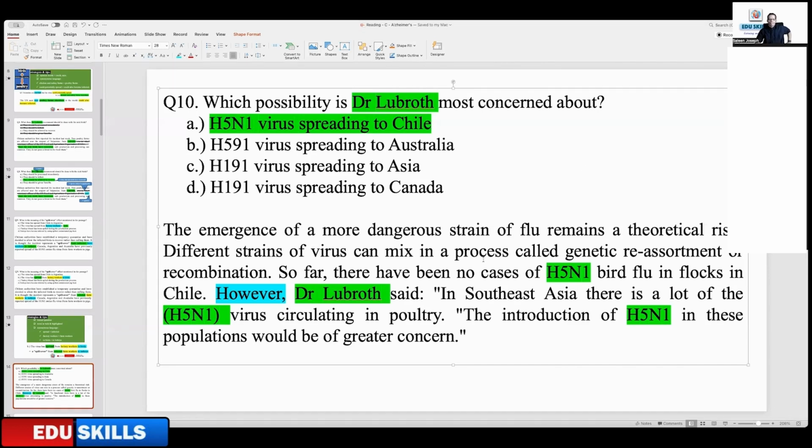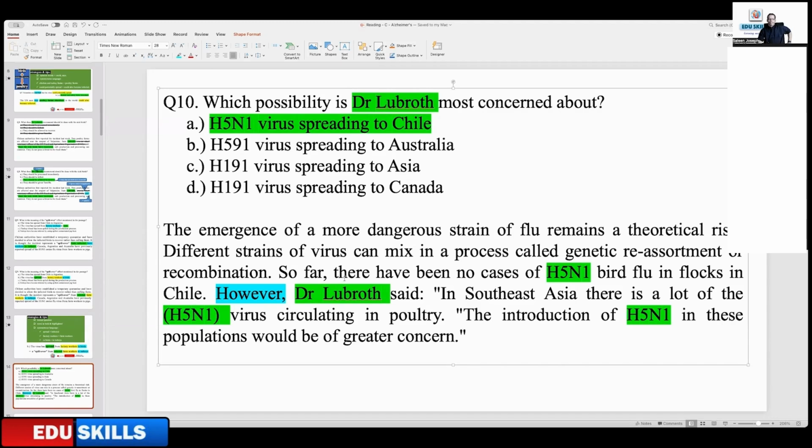Now the thing is this, listen to me. So far there have been no cases of H5N1 bird flu in flocks in Chile. This can be pronounced as Chile or Chile. It's a Spanish word, an American country name. Spanish people speak it one way, but the British pronunciation is different.